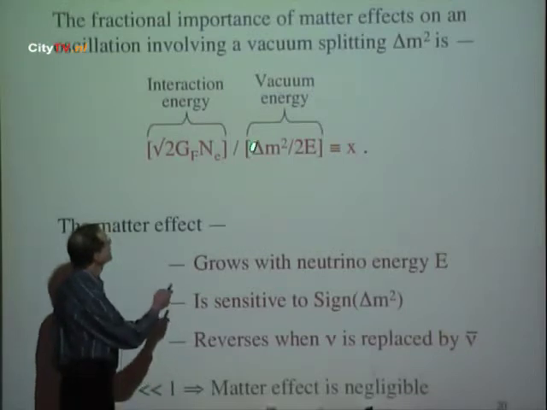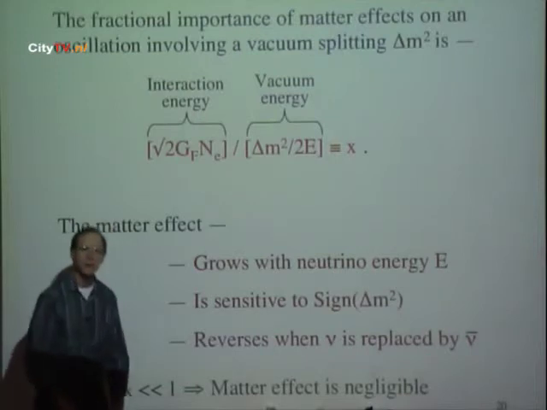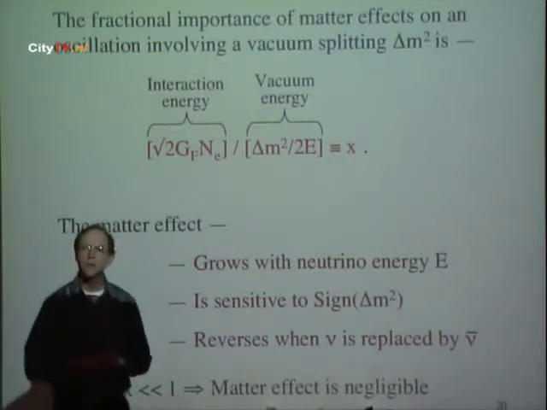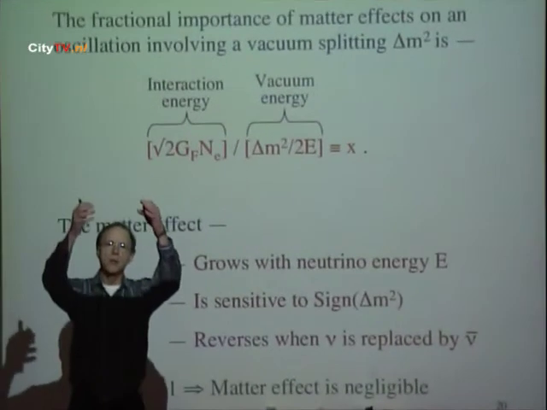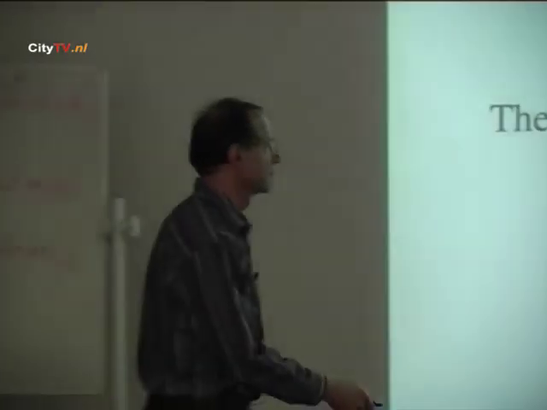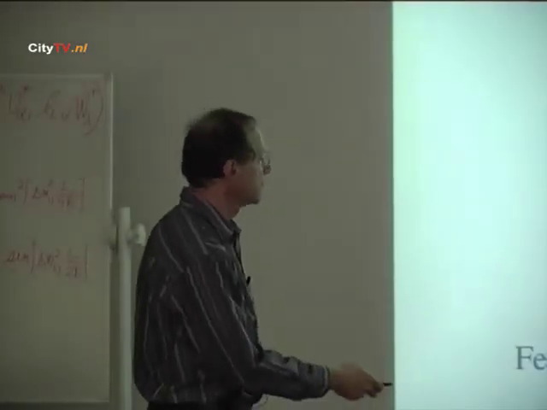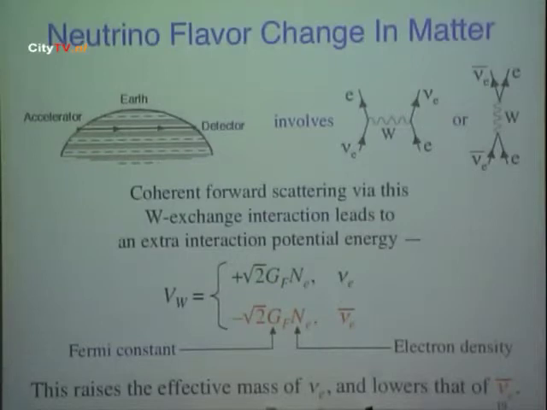It is sensitive to the sign of delta m squared. What do I mean by the sign of delta m squared? Well, suppose you have two mass eigenstates and you know something from elsewhere about them. Like this one couples a lot to electrons and that one doesn't. The sign of delta m squared can tell you whether the one that couples to electrons is heavier than the other guy or the other way around. Finally, remember that this interaction potential flips sign when you go from neutrino to antineutrino.